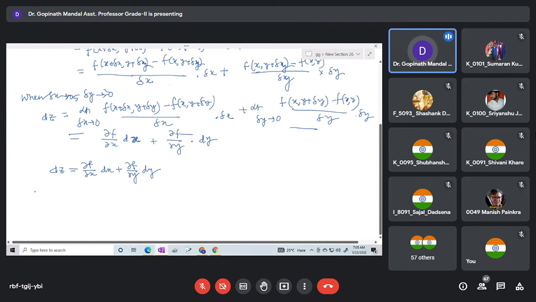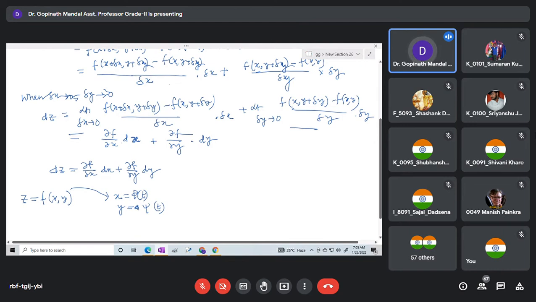If z is a composite function, that means z is a function of x and y, and x and y are functions of another variable. Suppose x is a function of variable t and y is a function of variable t.